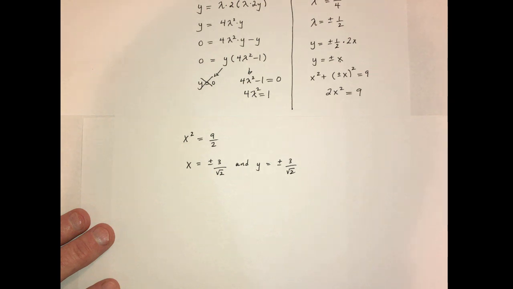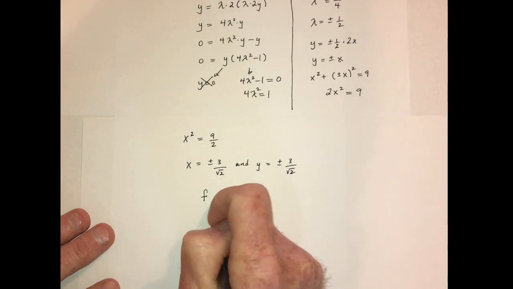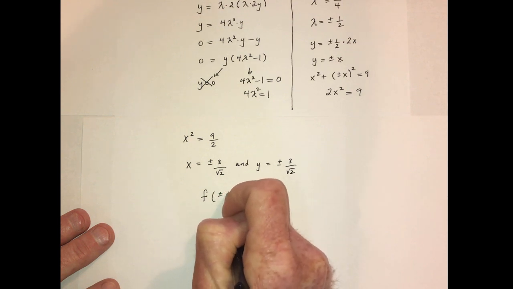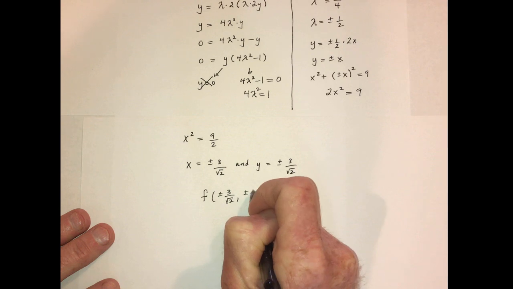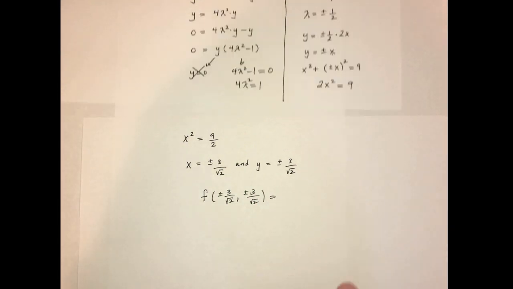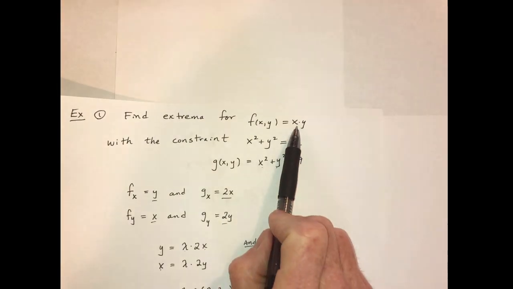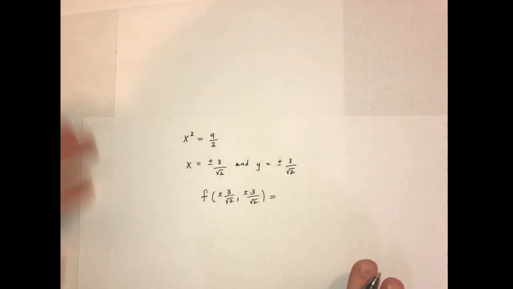And then the only other thing to do is find out what z equals. So then substitute those numbers in, plus or minus 3 square root of 2 and plus or minus 3 square root of 2. So that's going back to the original function. So substitute those in right there. So that means just multiply them.